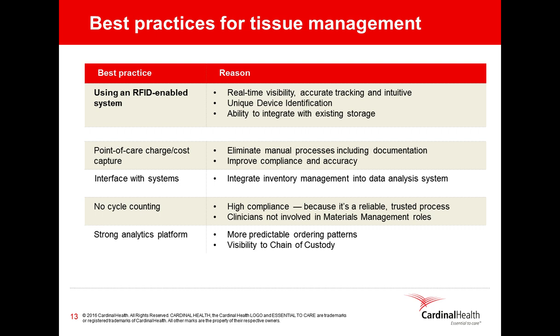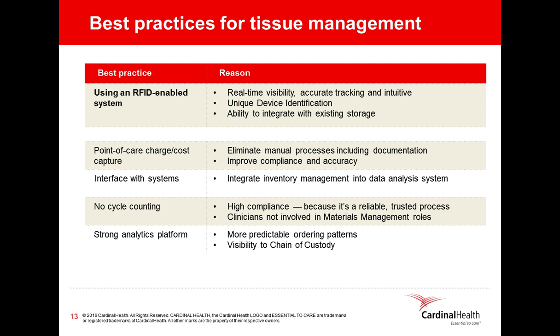And finally, with tissue management systems, you have to have strong analytics that provide accurate real-time data. You need those analytics to look at your actual utilization patterns. And with real-time data, you can collaborate with your supply chain team to set inventory levels based on actual usage and not just historical ordering patterns.